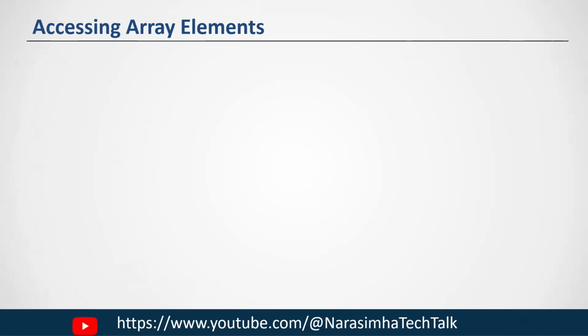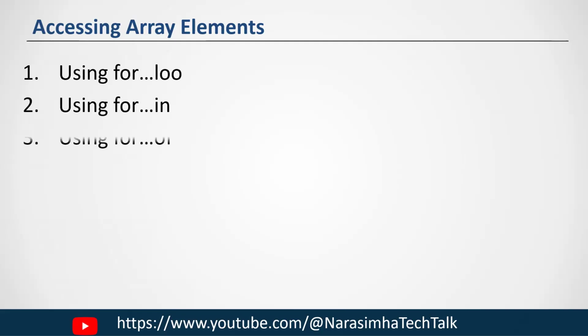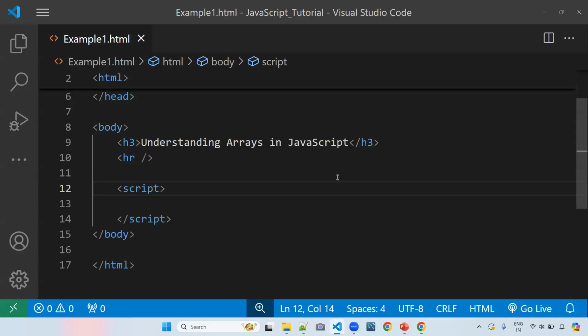Next, we'll explore how to access the array elements one by one. Practically we are going to implement an example, and before that, what are the different techniques available? Technique number one is the for loop, then for in and for of. Sorry for the spelling mistake.